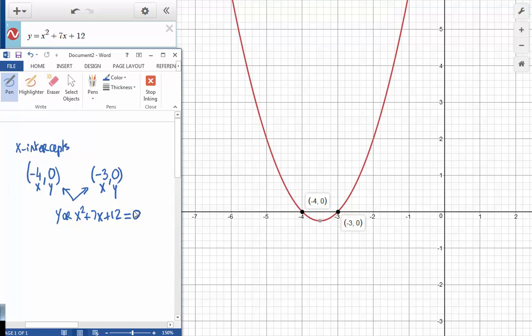Now what else is happening? Those intercepts are where the graph, which is a parabola, is crossing the x-axis. So right here and right there, we have y equal to 0.